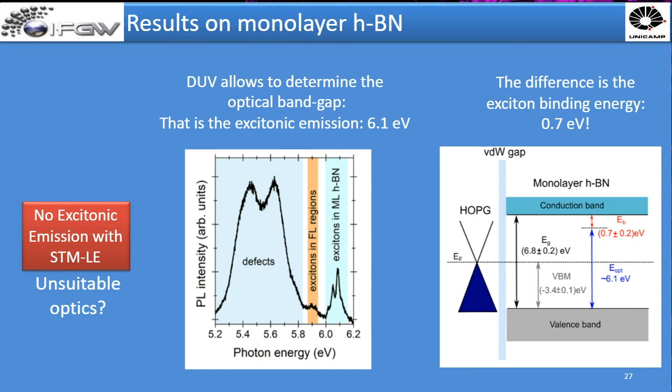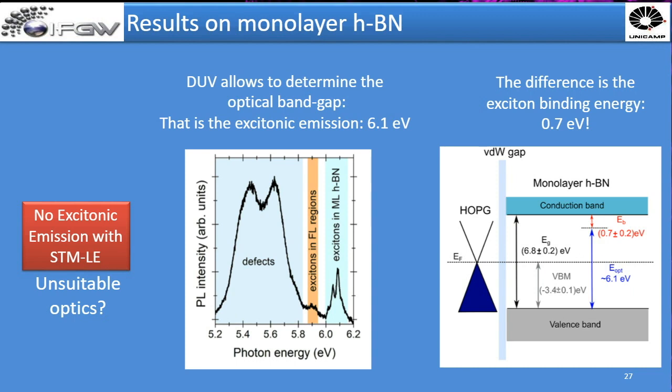And that's interesting because with the band gap of 6.8 and the optical band gap, or the excitonic emission, of 6.1, we can do the math and see that the excitonic binding energy is 0.7 electron volts. And that's huge, extremely high, orders of magnitude higher than the III-V semiconductors' excitonic binding energy.